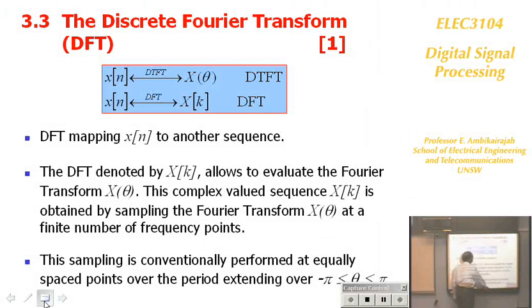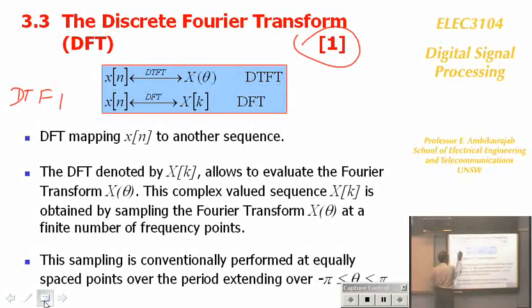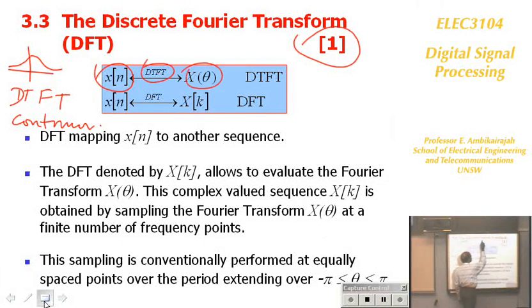Now we move on to the discrete Fourier transform. So far we talked about discrete-time Fourier transforms, which are continuous. Then you extend, and then you go backwards if you extend.